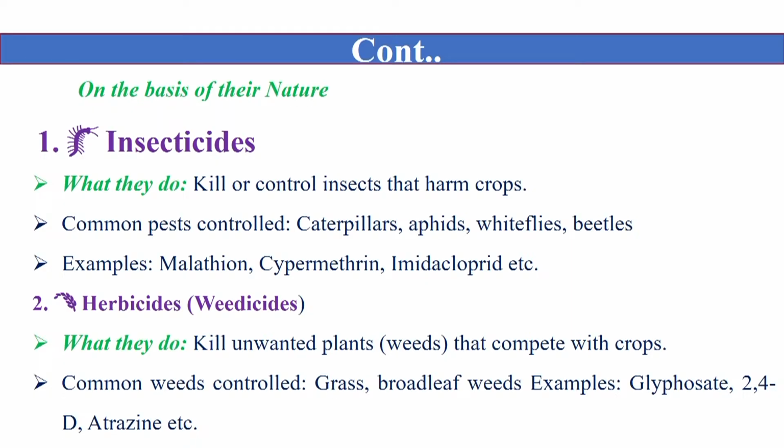Whenever you want to repel or remove weeds, you can use this type of weedicide, since weeds compete with the crops and can kill other plants. Common weeds controlled include grasses and broadleaf weeds. For example, glyphosate, 2,4-D, atrazine, etc. These are a few examples of herbicides.